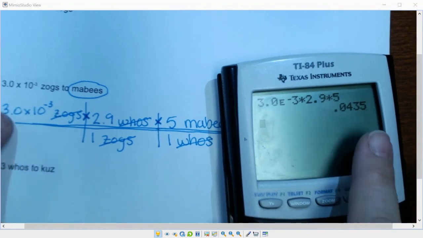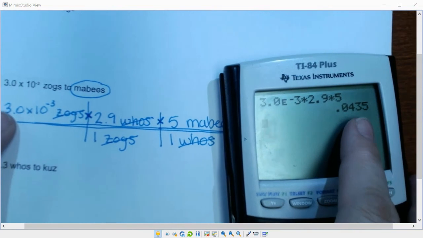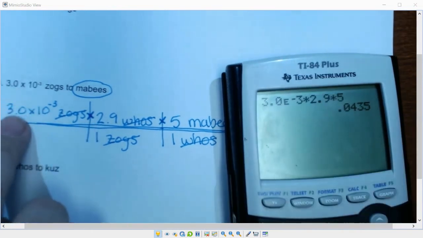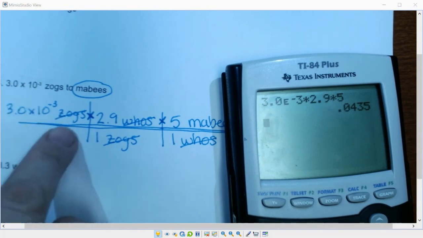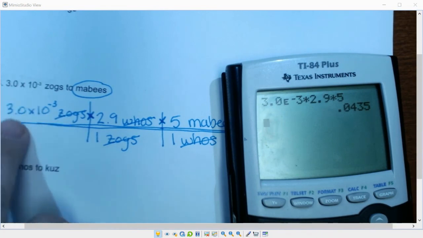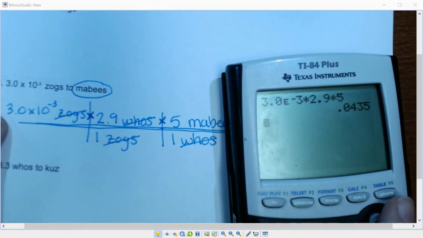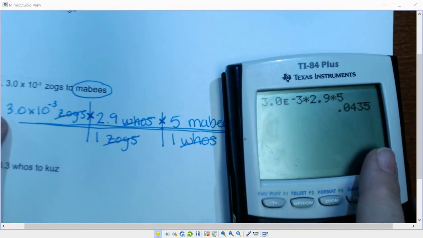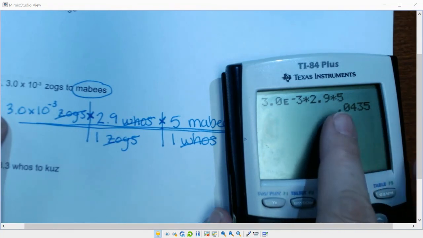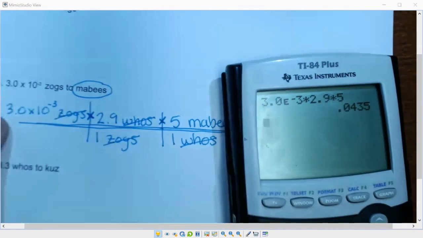So I want to make this number match the sig figs of my original number. This 3.0 times 10 to the negative 3 has 2 sig figs to it. So I'm going to round this answer to 2 sig figs, keeping in mind that zeros at the beginning are not significant.